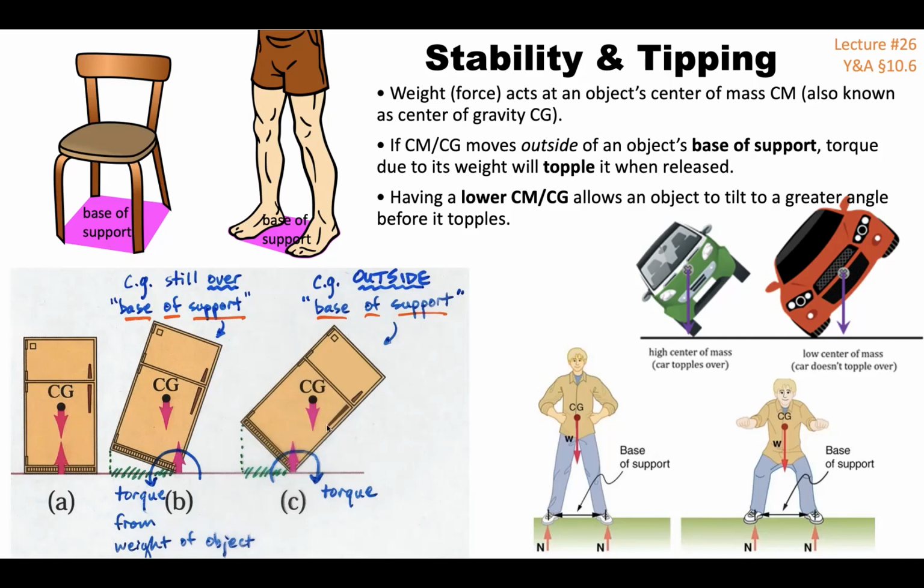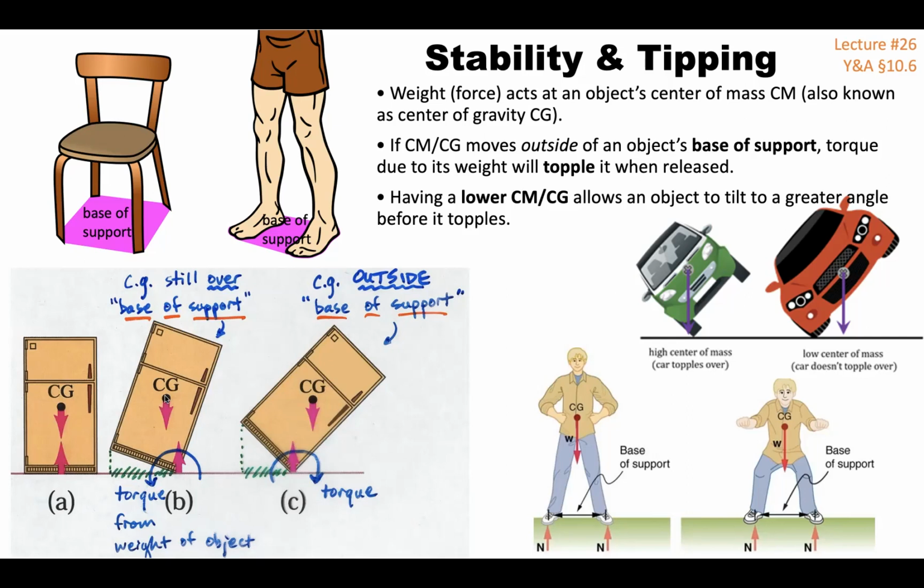And so one way we can model what's happening there is to imagine where the center of mass, also known as the center of gravity of an object, is. And when an object is in a uniform gravitational field, those are the same thing, center of mass and center of gravity.